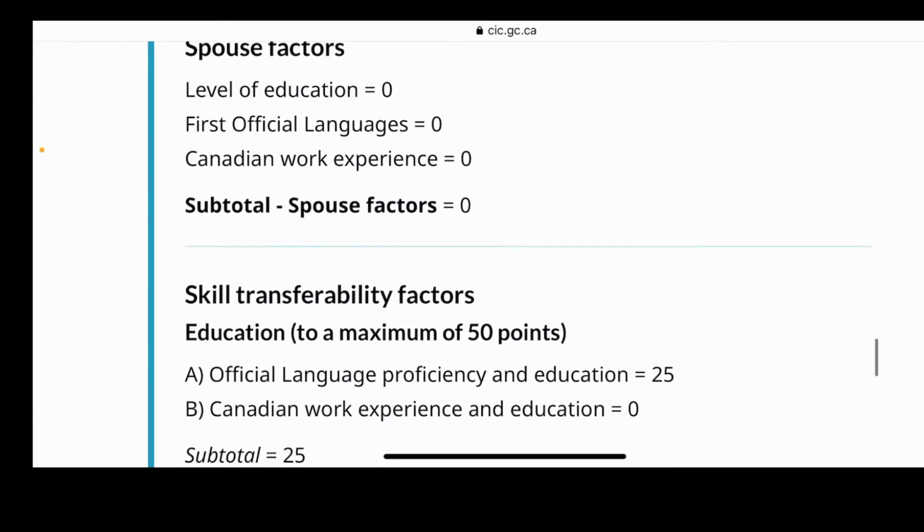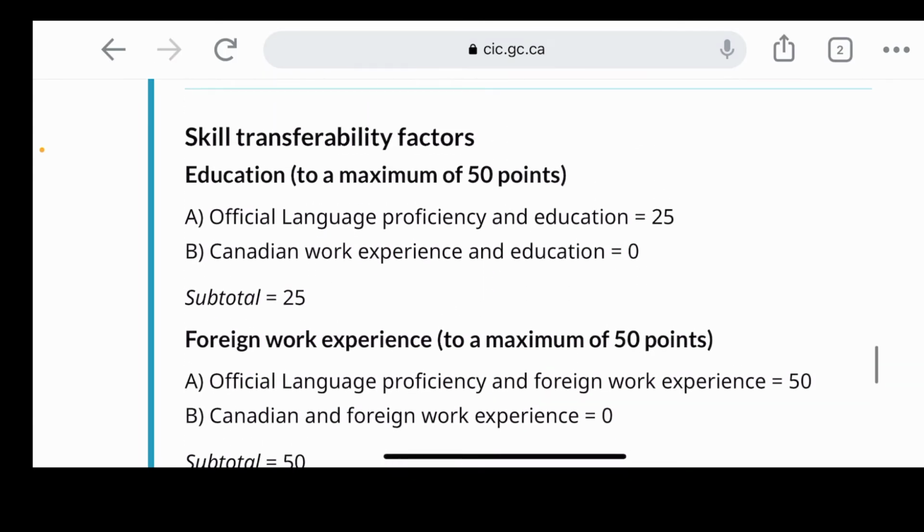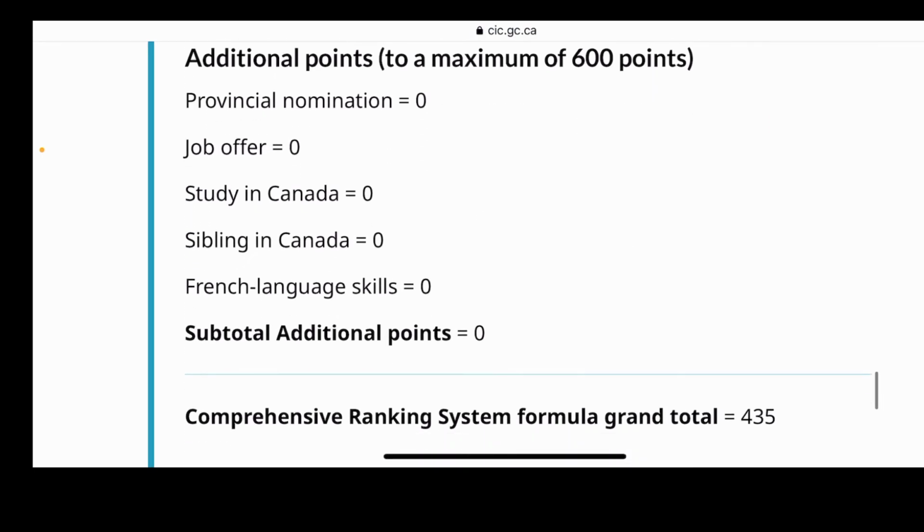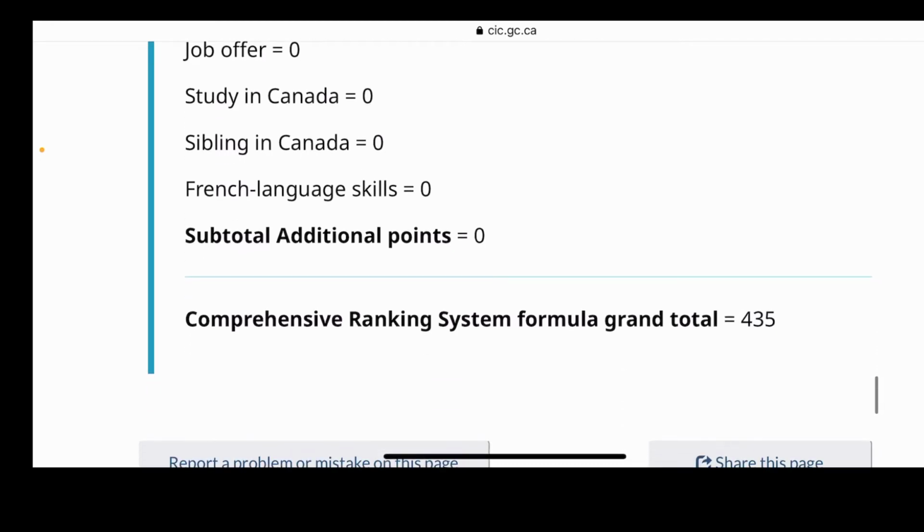Skill transferability factors, where you have education, foreign work experience, and things like that, have all been grouped here. Additional points, where you can get some other points, remain at 0 because Tola doesn't have any of the things here. So for the comprehensive ranking system formula grand total, Tola has a total of 435.